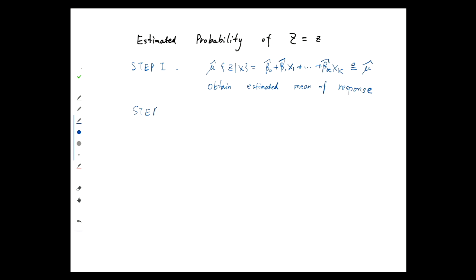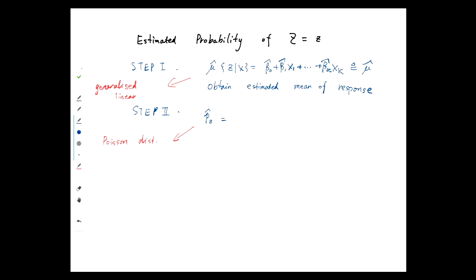And the second step here is just to obtain this estimated probability. We can call this probability P lowercase z hat. Step 1 here is from the generalized linearity assumption, and this step 2 is from the Poisson distribution assumption.